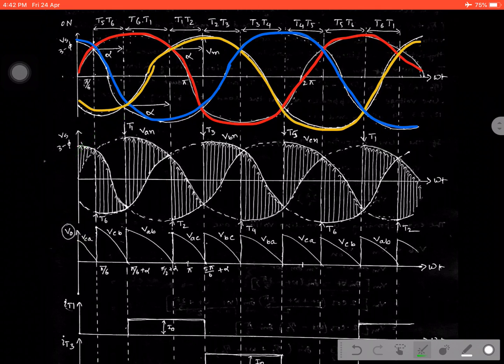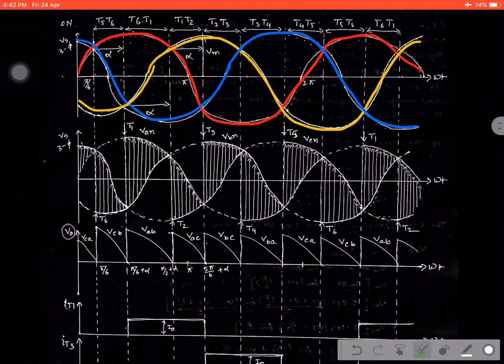Now see, when T1, T6 and T1, T2 are conducting, then in this particular region, when T6 and T1 are in conducting state, the voltage appearing across the load is, as I have discussed before, VAB, because VAN minus VBN.